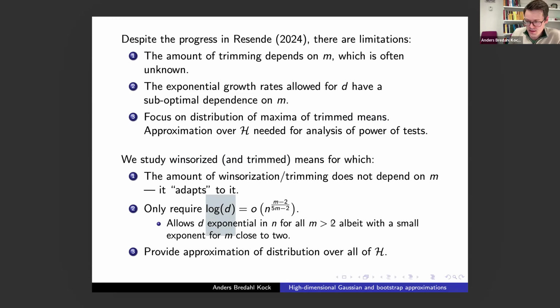Of course, you can see here if m is close to 2, well then the exponent is not very large, so the growth rate does still depend on m. And thirdly, to address this point here, we provide approximations to the distribution of Winsorized means in R^d over the full family of hyperrectangles.